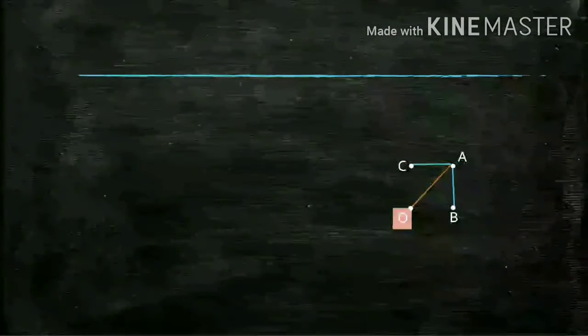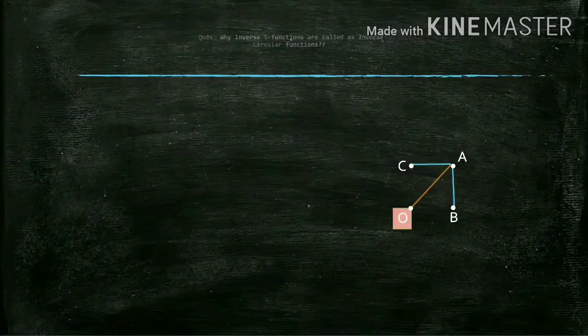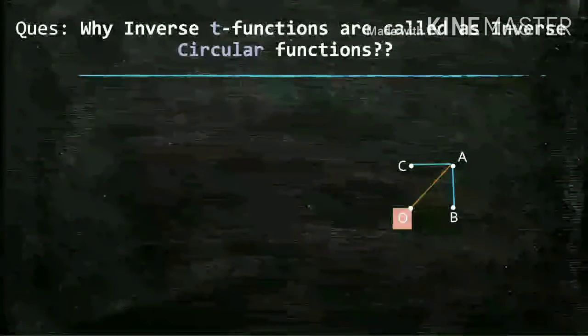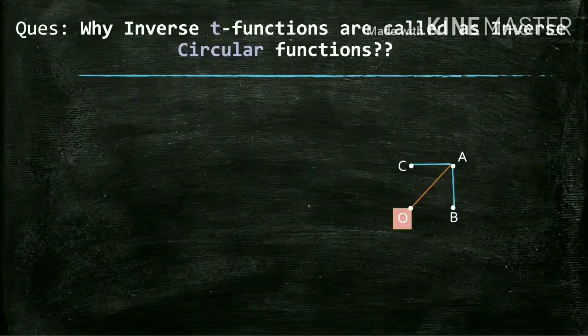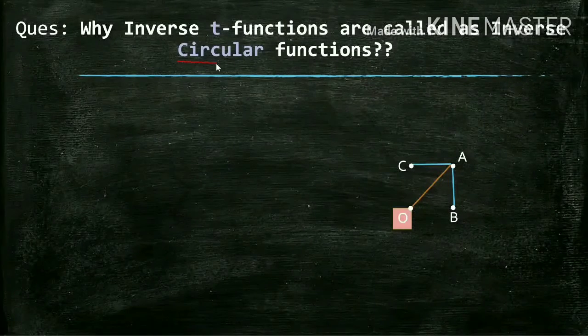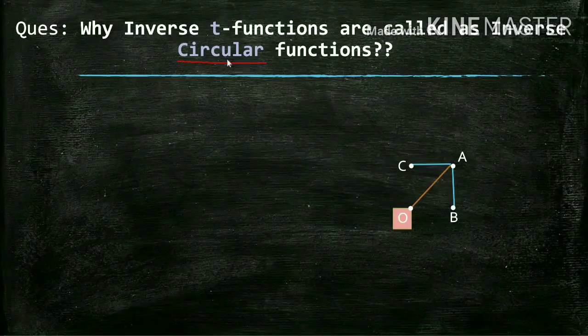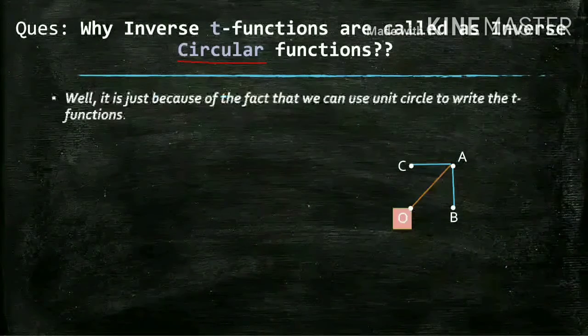Now the question you would be considering in your mind is: why are inverse trigonometric functions called inverse circular functions? Why is there a need to write them as circular functions? Okay, so it's very easy.